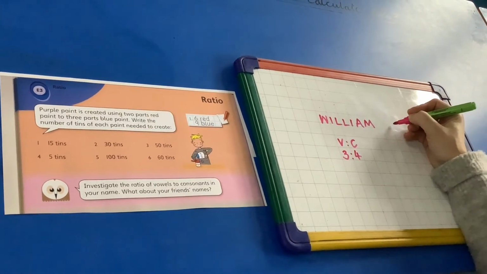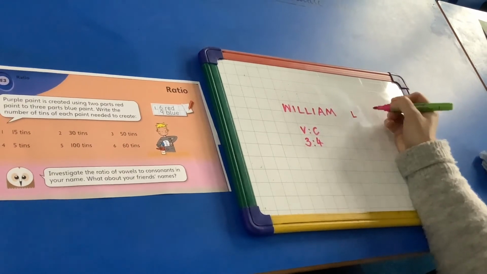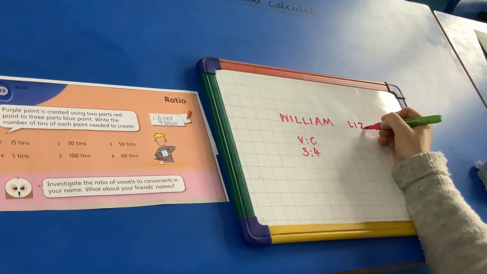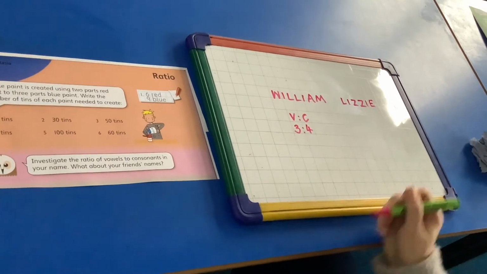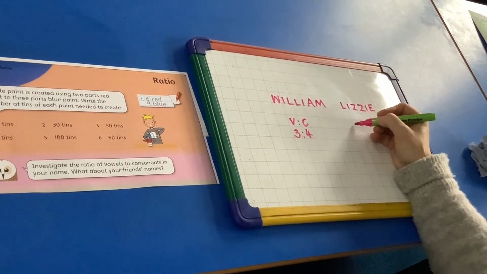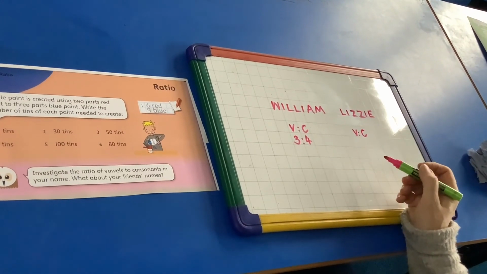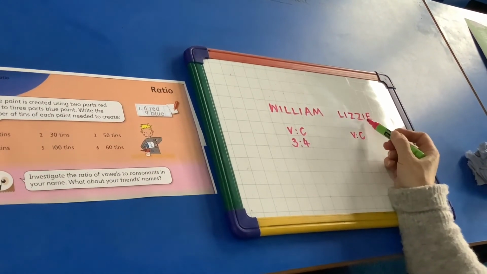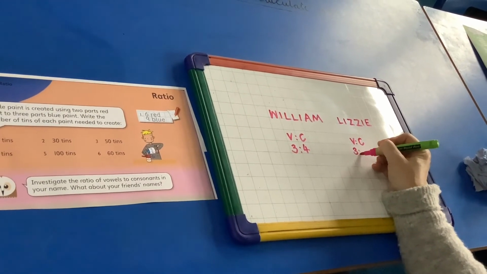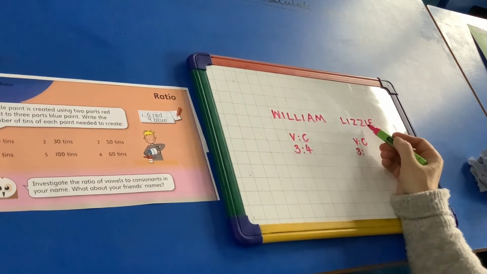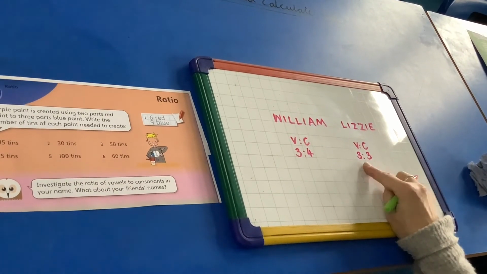I'm going to do Lizzie's now because it says about your friends' names. I'm just doing my children's names. Okay, so here we are. Lizzie. So again, same way round, vowels to consonants. So she's got 1, 2, 3 vowels and 1, 2, 3 consonants. So actually I could simplify that, couldn't I?